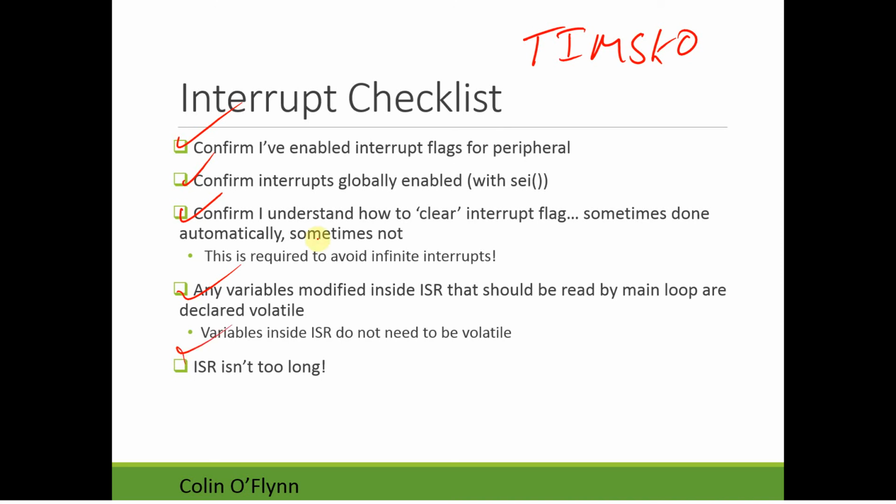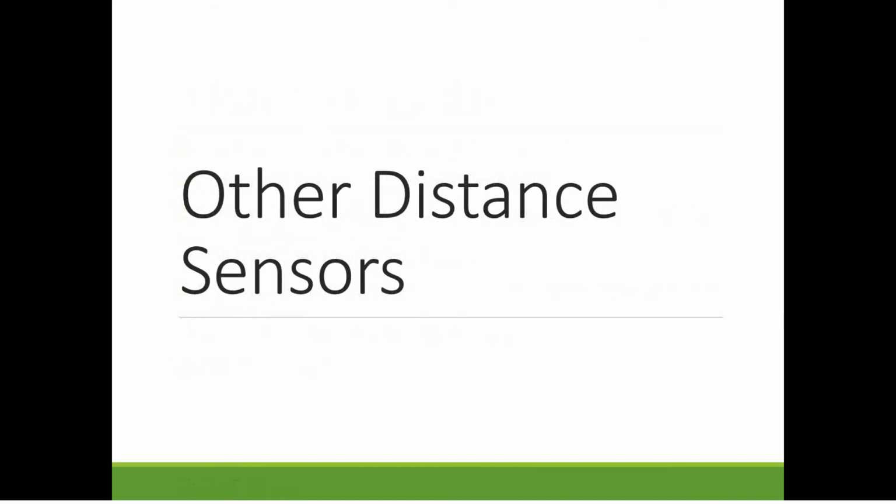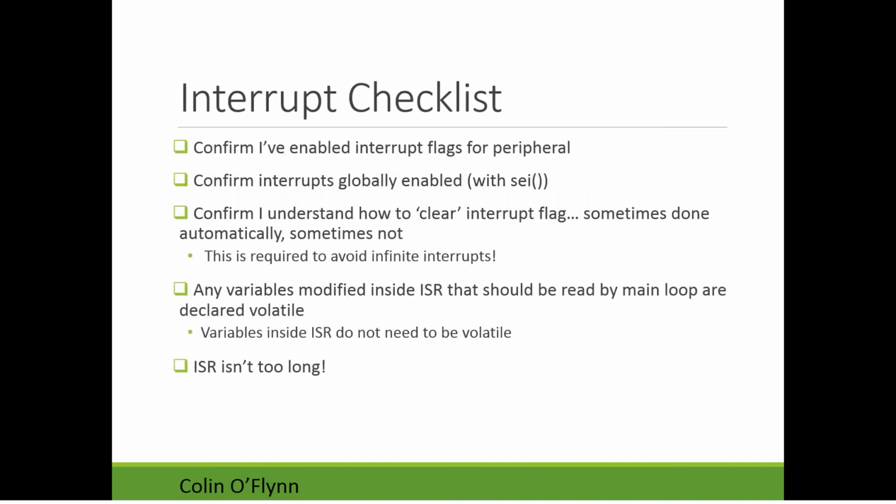So you want to make sure it's not an excessively long interrupt. Normally you try to do as little as possible, just read a few values, set a few registers, and return to avoid affecting your main code.